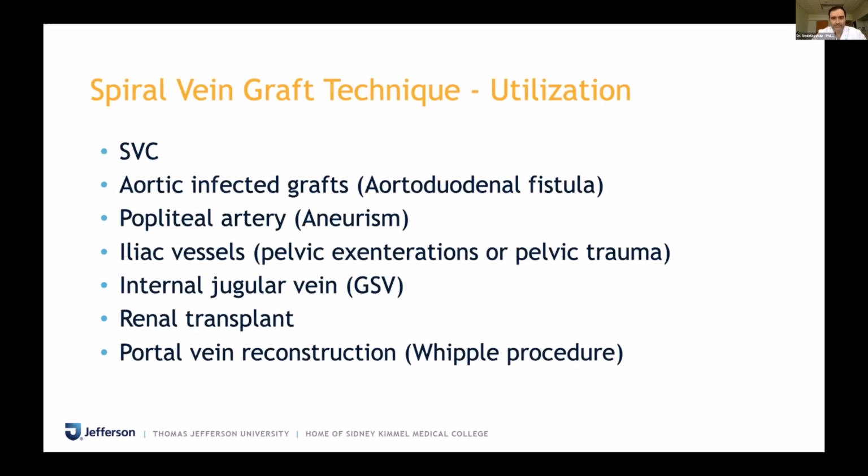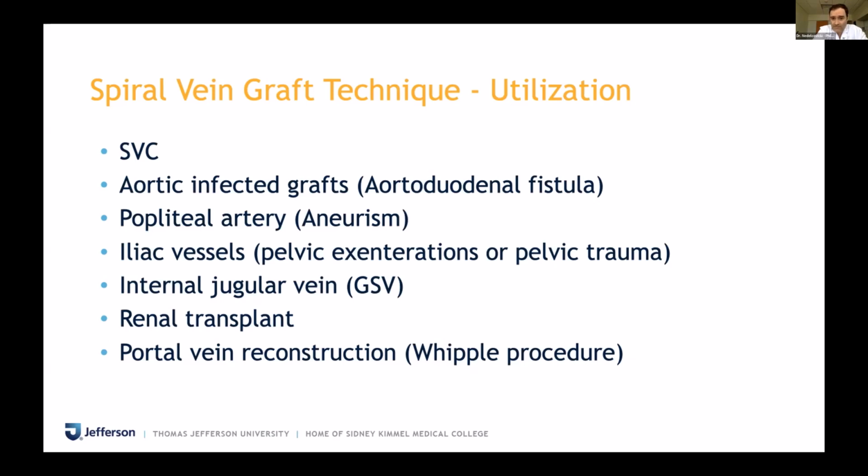Again, other areas of utilization, aside from the SVC, I've seen, looking at some papers on PubMed, really for aortic infected graft situations where you have an aortoduodenal fistula or a mycotic aneurysm, large thrombosed popliteal arteries from aneurysms. This has been used, the greater saphenous vein, for creating a conduit.